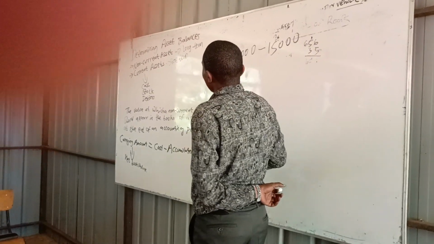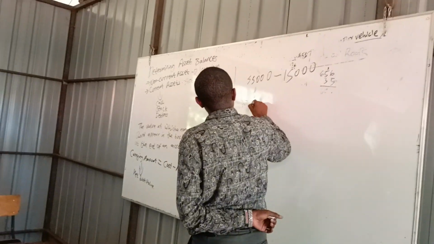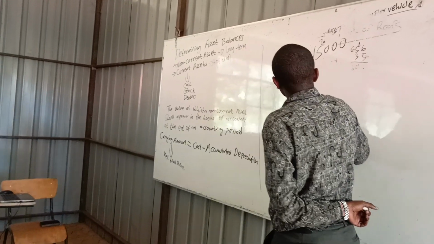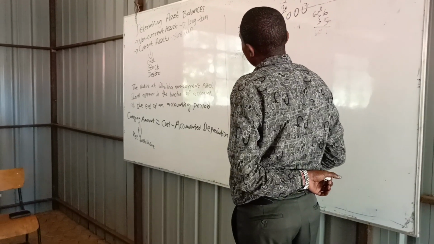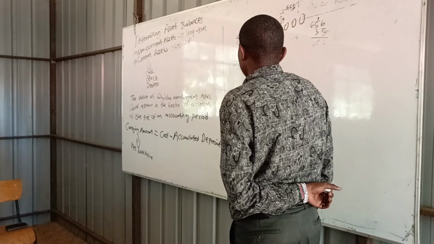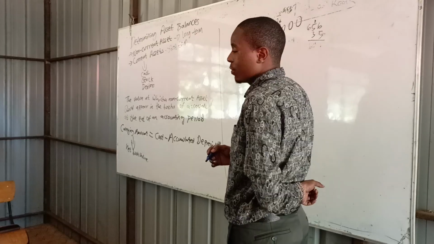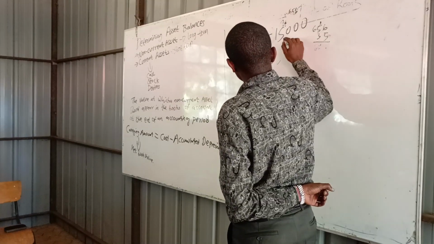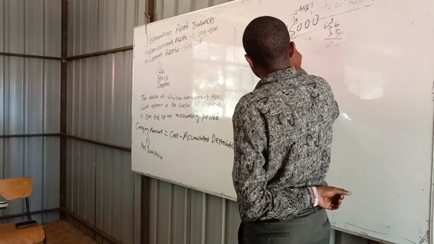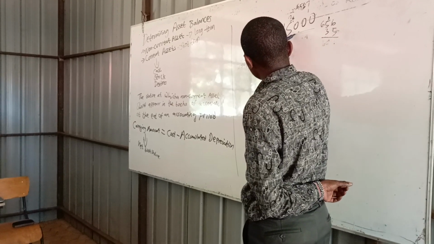So what's the net book value? No, the accumulated depreciation is not this, this is the carrying amount. We are looking for the carrying amount.